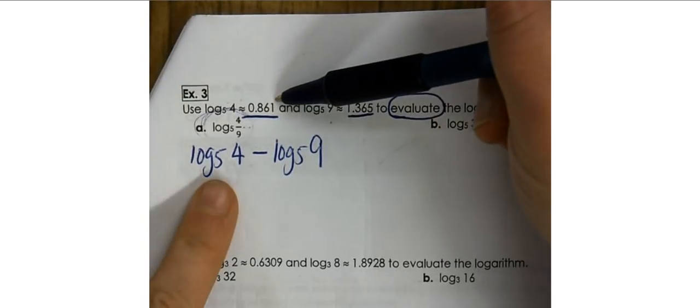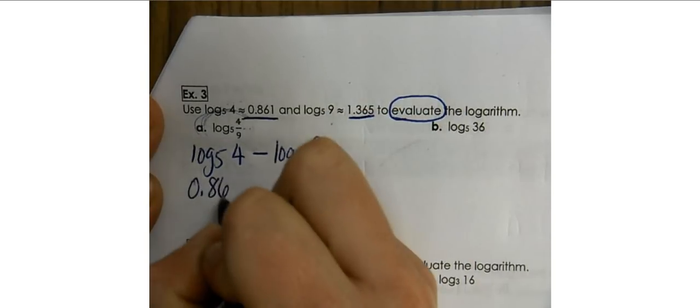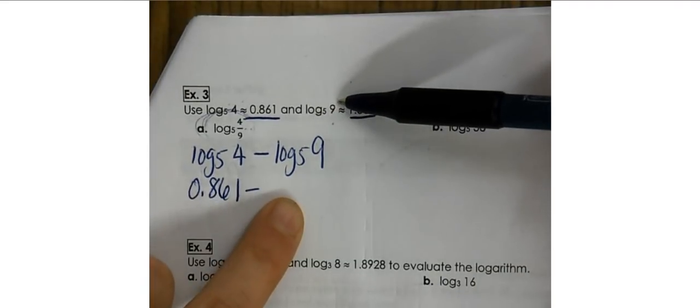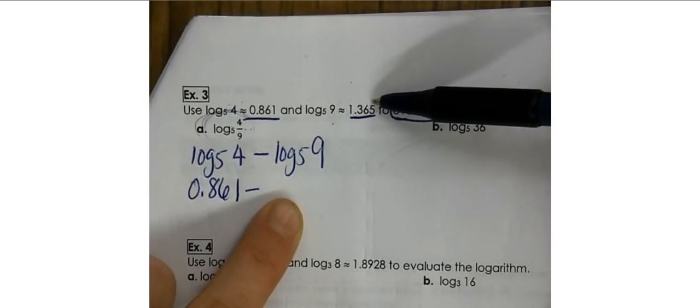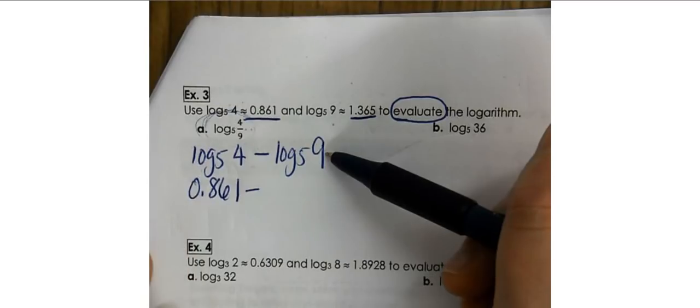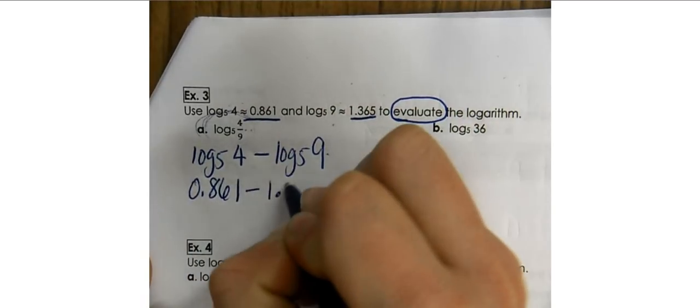So I am going to replace log base 5 of 4 with 0.861. I know that log base 5 of 9 is 1.365 because that was given to me. So I'm going to replace log base 5 of 9 with 1.365.